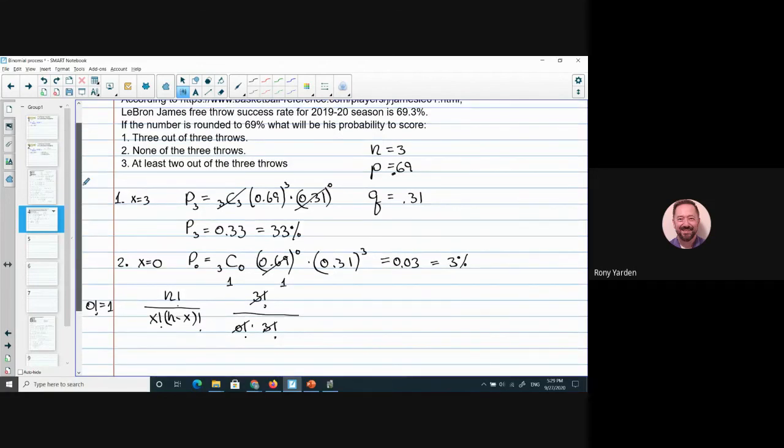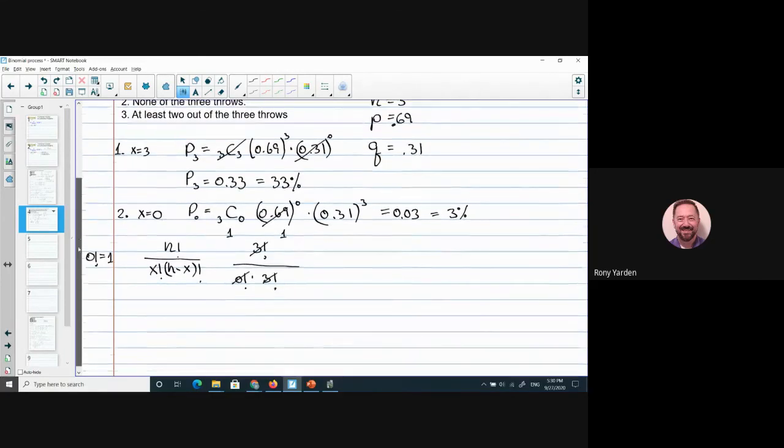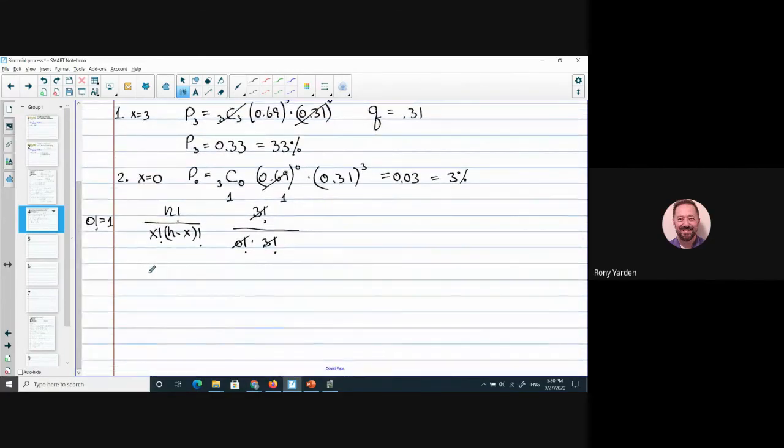So there is only a probability of 3% that he will miss all 3 free throws. The last one is at least 2 out of 3. What does it mean at least 2? It means 2 or 3. So we need to take P2 and add it to P3. We already know P3, so all we have to do is calculate P2. And let's do that.